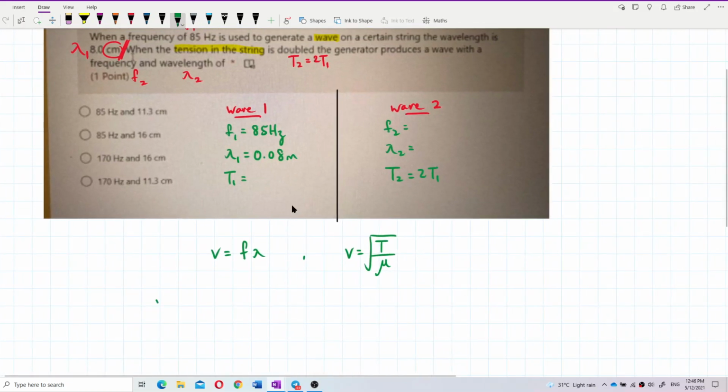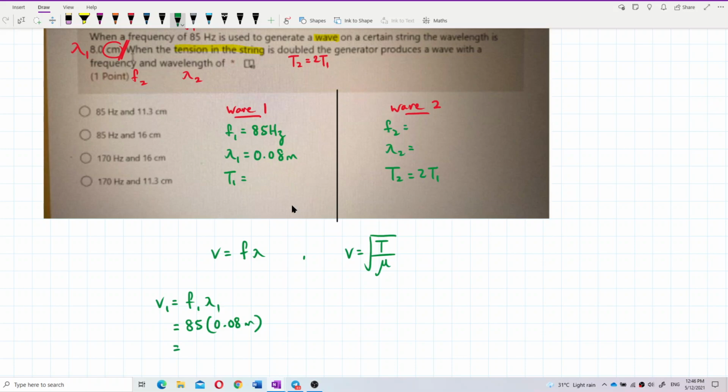For V1, it is F1 lambda 1. This is 85 multiplied by lambda 1, which is 0.08 meter.